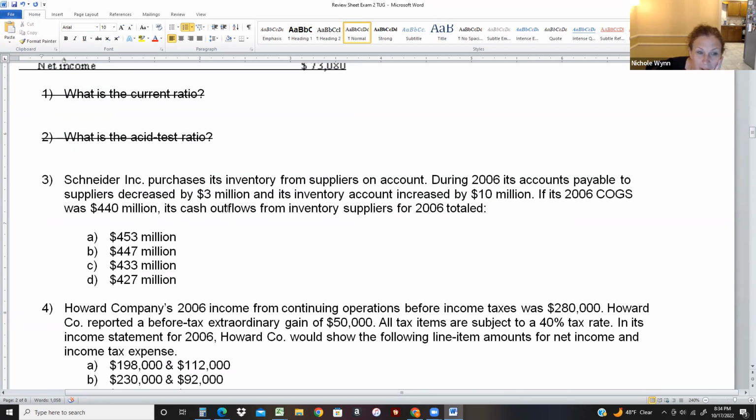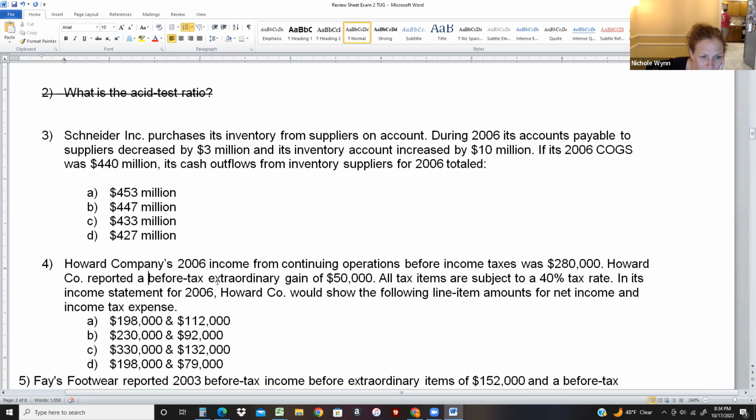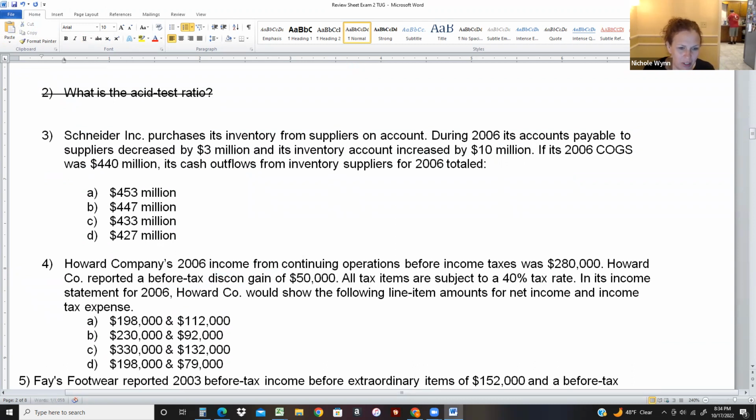Howard Company, and by the way, if you need me to work any of these, just text me the actual question, a picture of the question, and then I'll work it and send it to you. Howard Company's continuing operations show the following items. Okay, since this one's an extraordinary gain, just change it to saying a discontinued item.